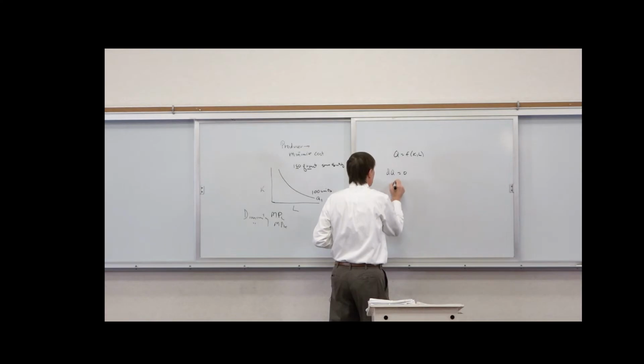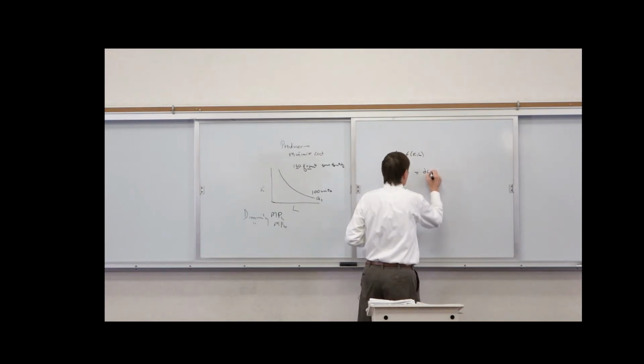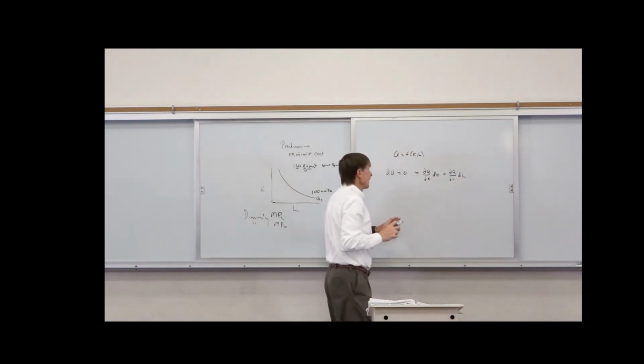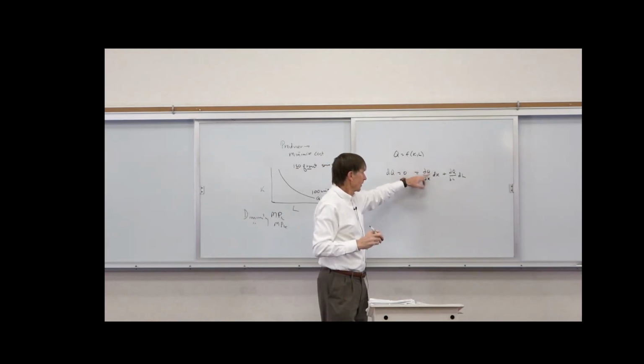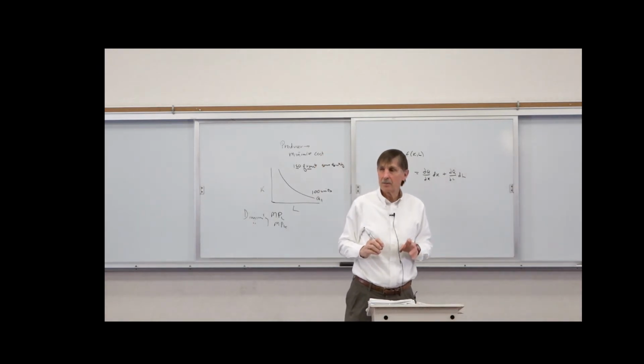So if I look at the total change, it is the partial derivative of Q with respect to capital times the change in capital plus the partial derivative of Q with respect to labor times the change in labor. Or, if I change capital a little bit, how much does that affect the quantity being produced?